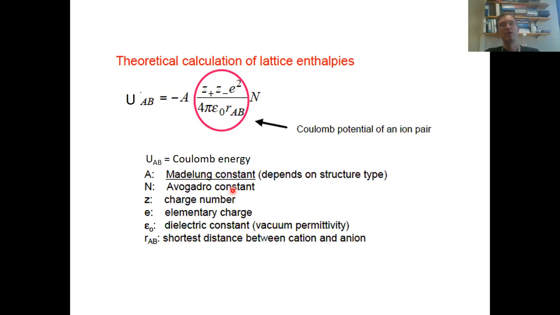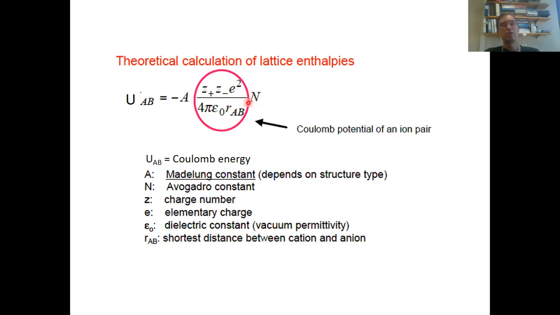Okay? So now in the crystal we have many ion pairs. A crystal is made of many, many atoms. So we can multiply this by the Avogadro constant N when we want to consider 1 mole of ion pairs.